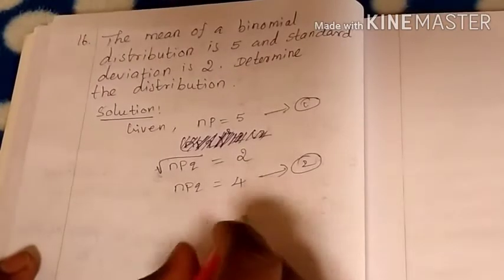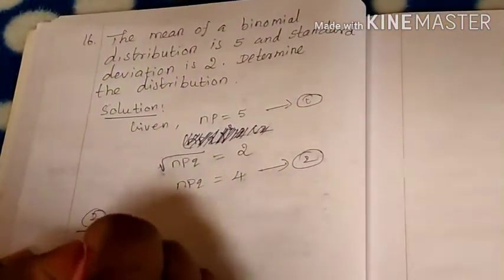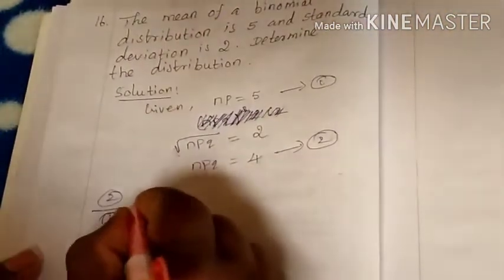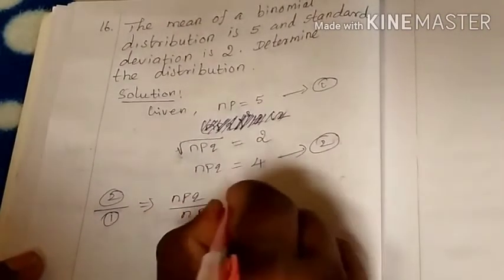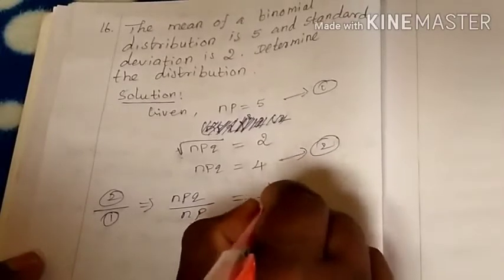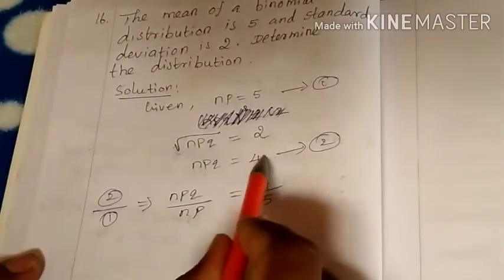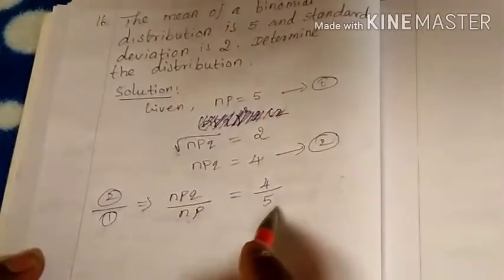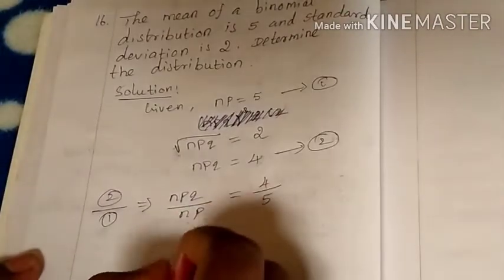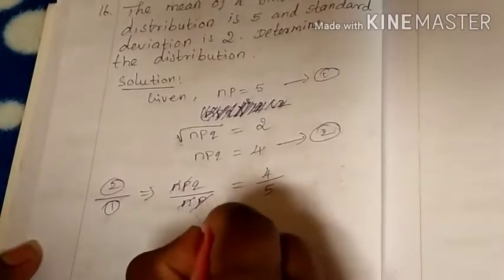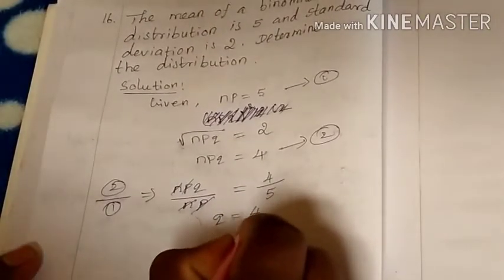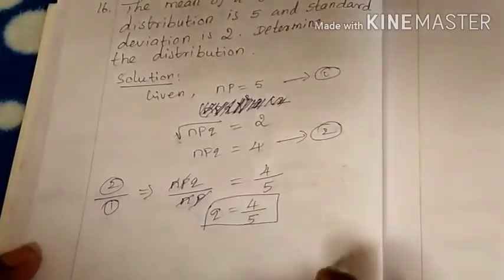From 1 and 2, dividing the second equation by the first, npq divided by np is equal to 4 divided by 5. Using the cancellation of np in the numerator, the remaining is q is equal to 4 by 5.